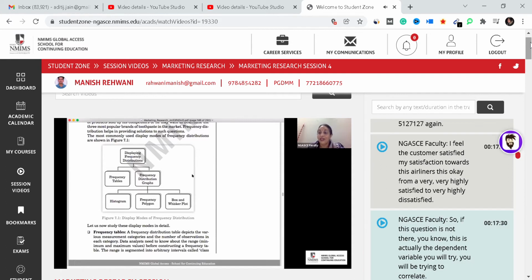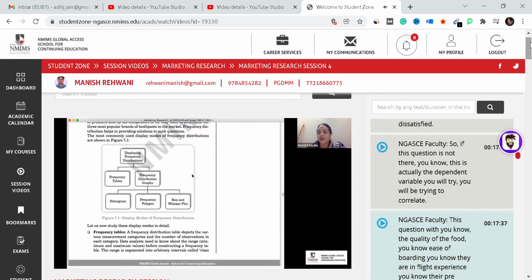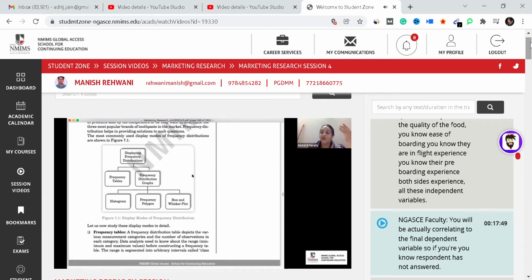This is the dependent variable. You will be trying to correlate it with the quality of the food, ease of boarding, in-flight experience, pre-boarding and post-flight experience. All these independent variables you will be correlating to the final dependent variable.